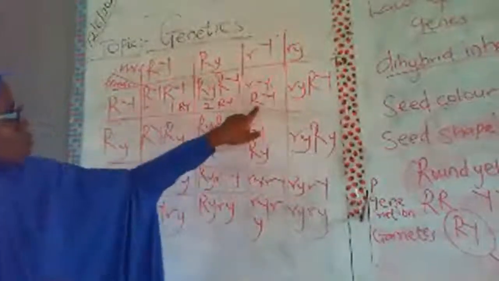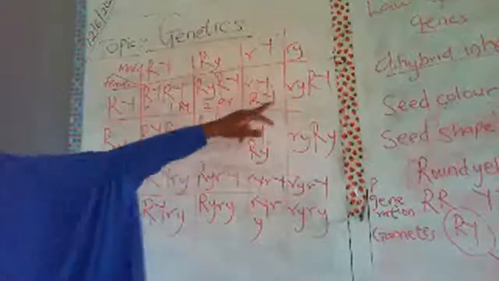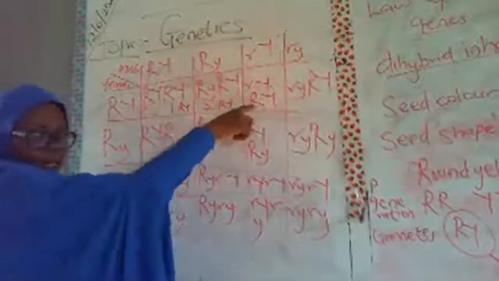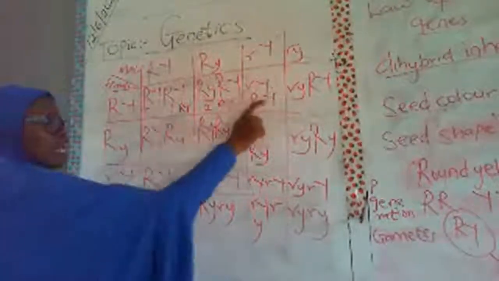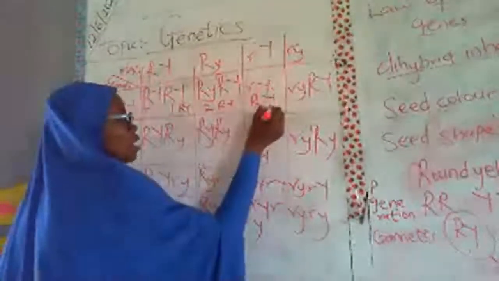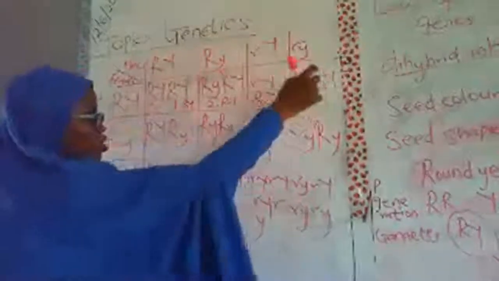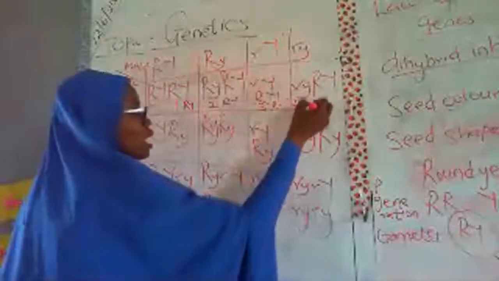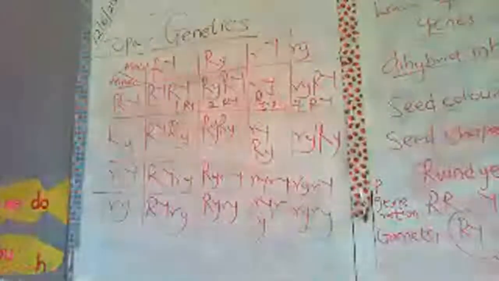We have capital letter R, then we have capital letter Y, meaning we also have a dominant character here. Because the round is dominant, the yellow also is dominant. So we have the third round yellow. Let's look at this one also. So we have round yellow also here. Capital letter R and Y, which is dominant, also is present here. Meaning we have the fourth round yellow. Hope you are getting this.